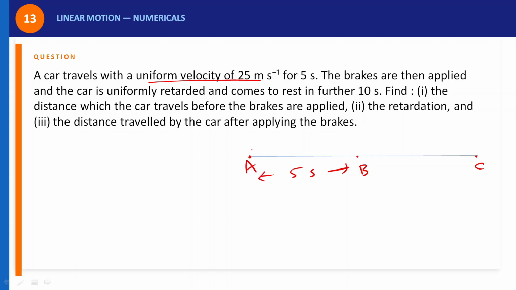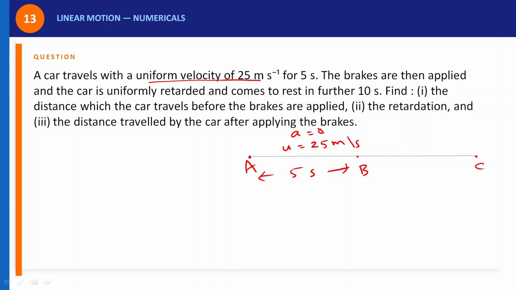At point A the velocity is 25 meter per second. At point B the velocity is 25 meter per second. Acceleration between points A and B is 0, and the velocity remains the same. So I will write u equal to 25 meter per second.